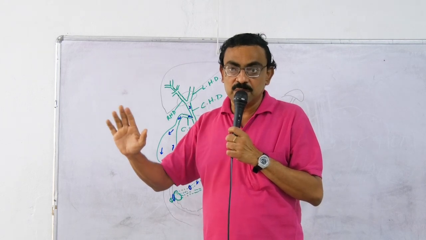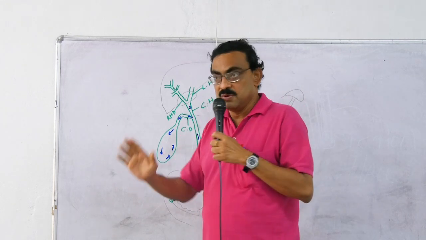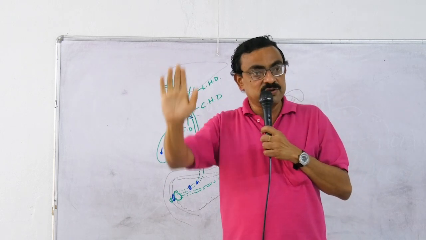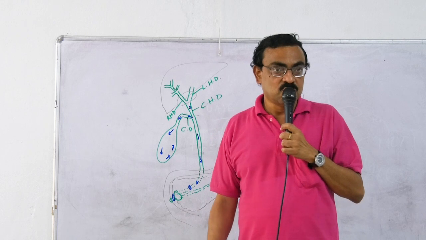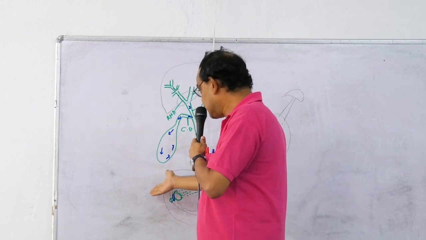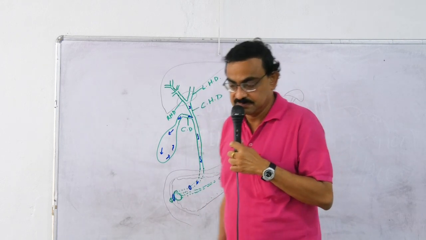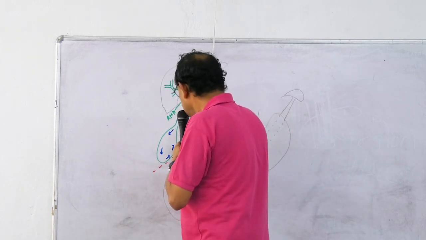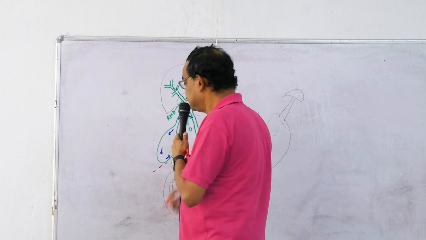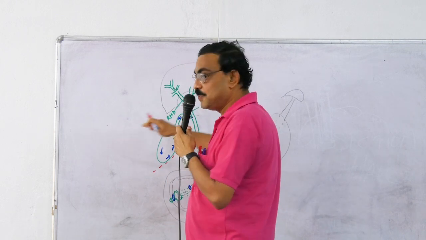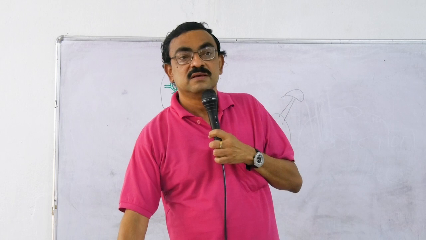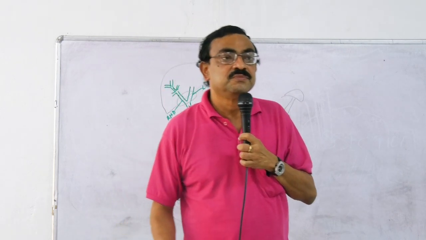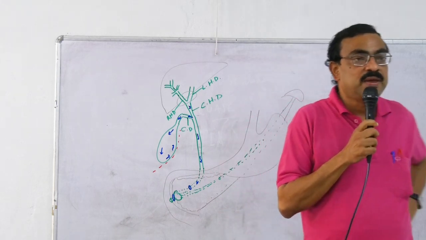This fossa for gallbladder, we have seen, has a peritoneal covering, so that the under surface is peritoneal, but the superior surface is embedded within the fossa for gallbladder, which is non-peritoneal.